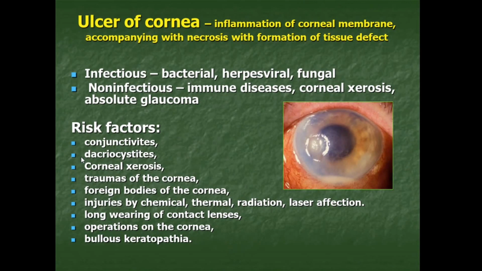Infection may be bacterial, herpes viral, fungal. Non-infectious are immune diseases, corneal cirrhosis, and in a severe absolute glaucoma, in the case of very high intraocular pressure, may be also cornea ulcer.